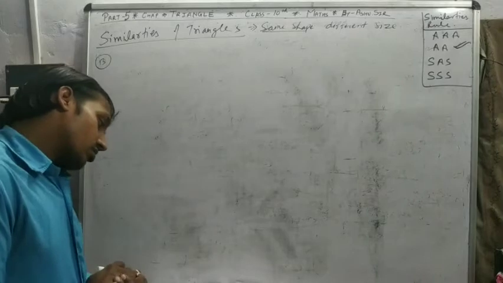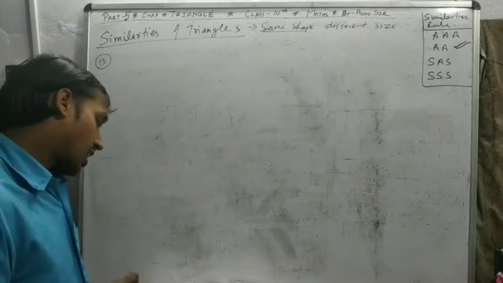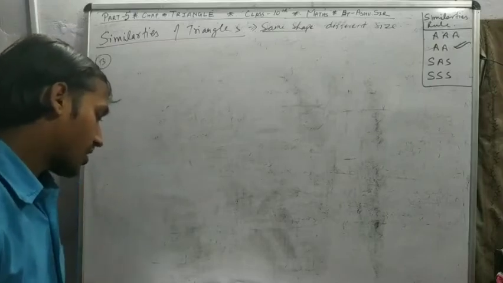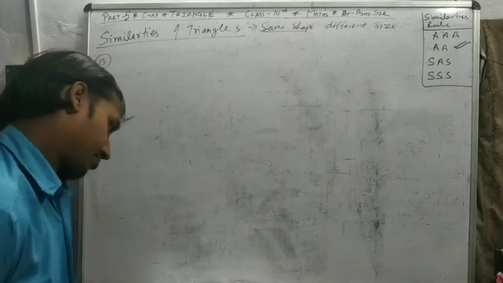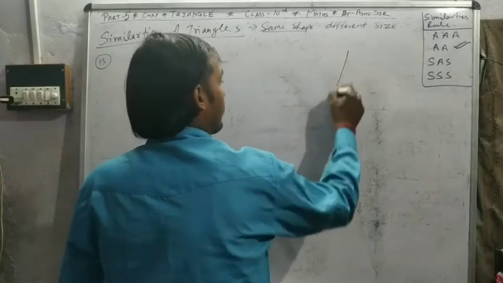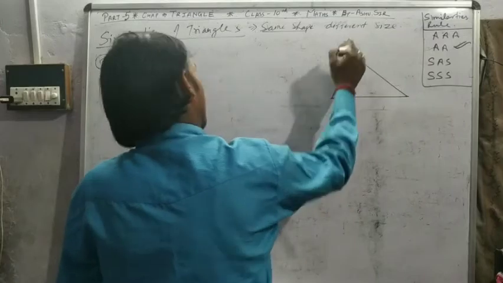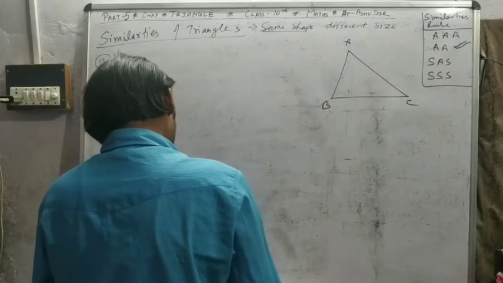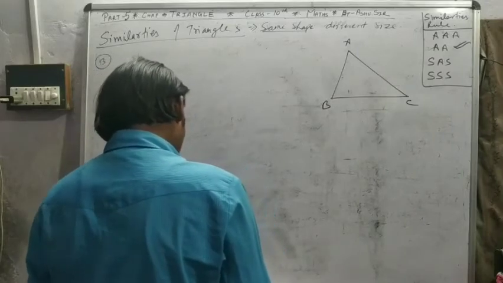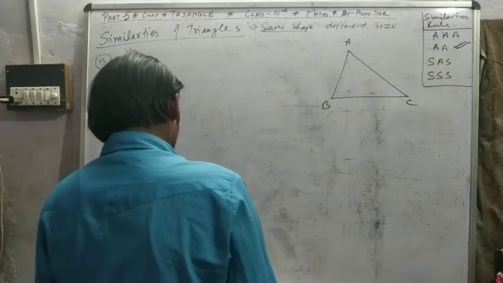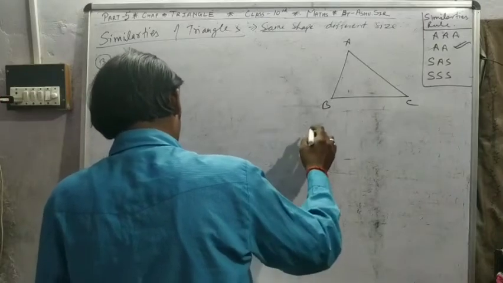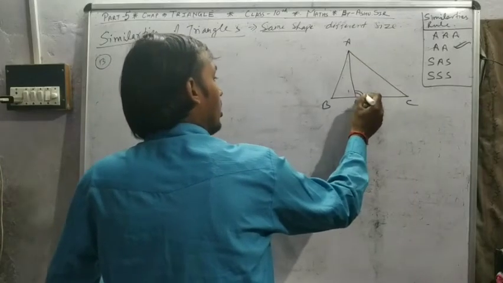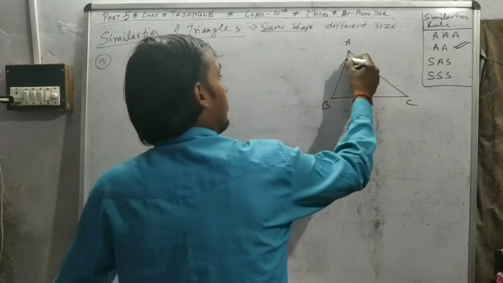D is a point on the side BC of triangle ABC such that angle ADC and angle BAC are equal. Prove that CA square is equal to CB into CD. So what's the figure? ABC is a triangle such that angle ADC is equal to angle BAC.